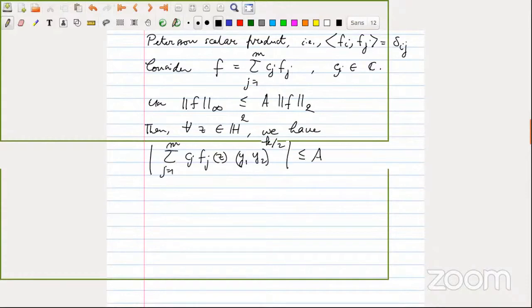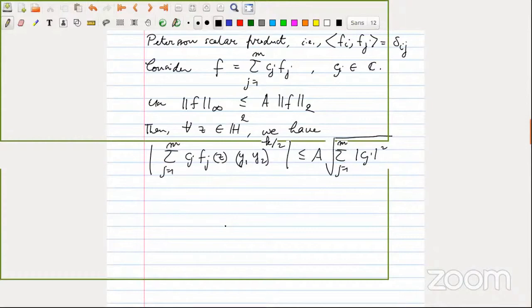This is less than or equal to a times, I'm doing it only for 2 copies of the upper half plane, the sum over j equals 1 to m of c_j squared, and then I take the square root of this.